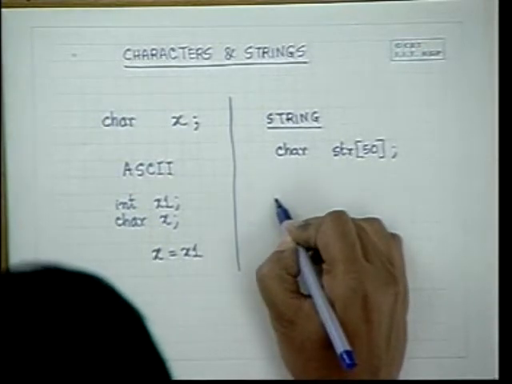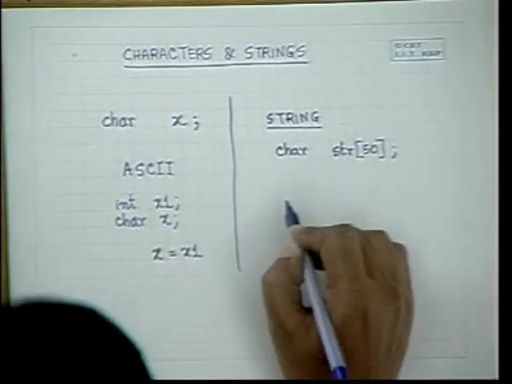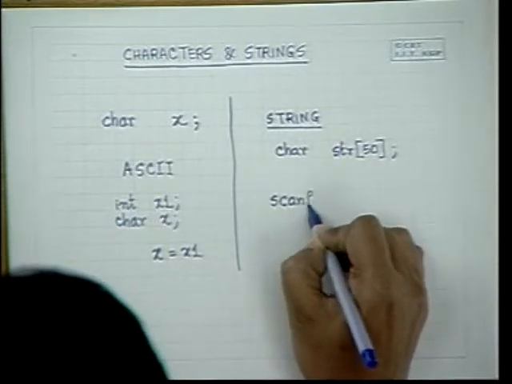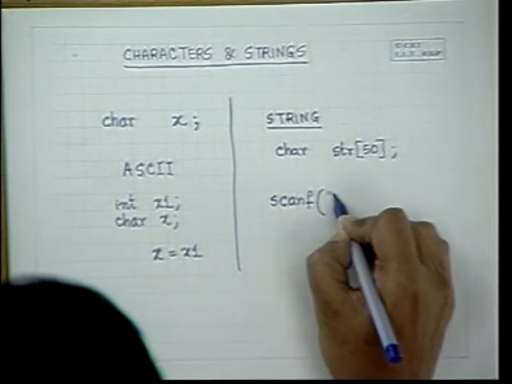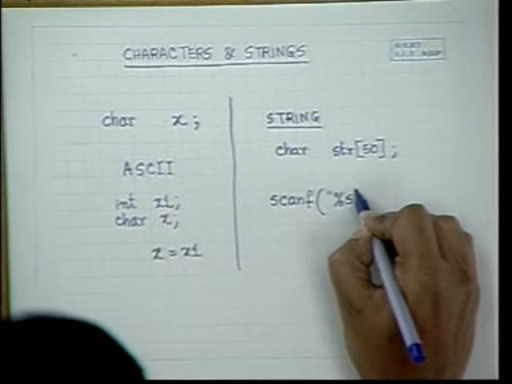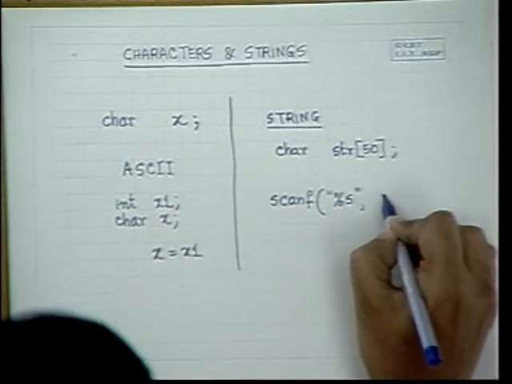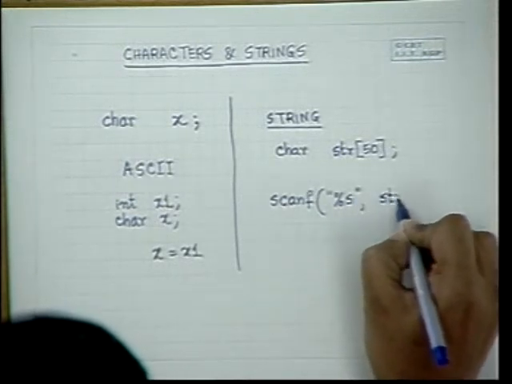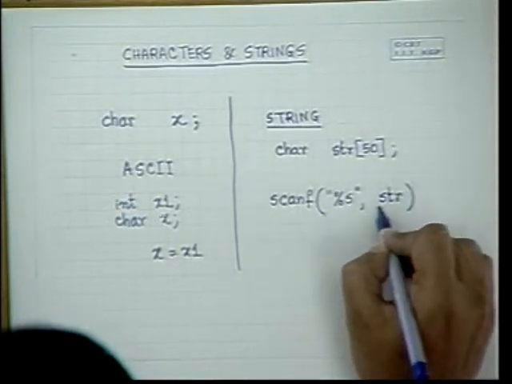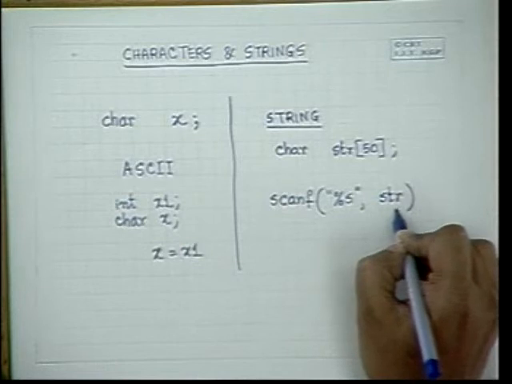And if you want to read the string str, you have to give scanf with %s format. In %s format, you can read the string str, and obviously you can just simply give the name of the string.